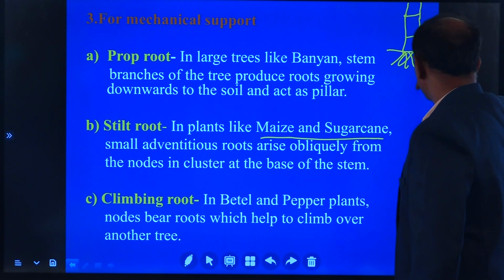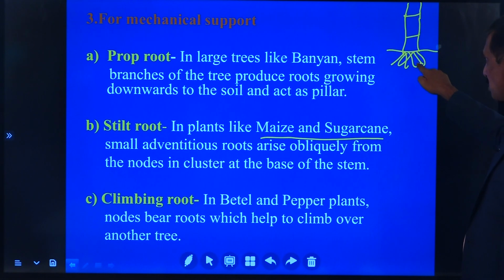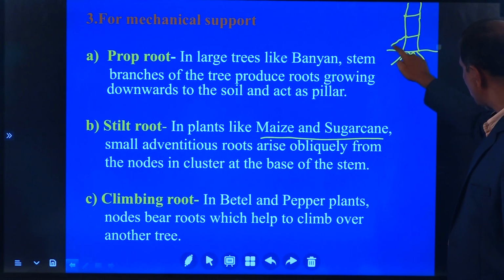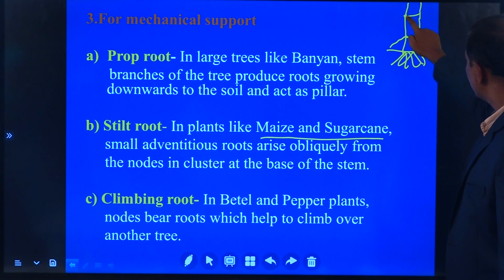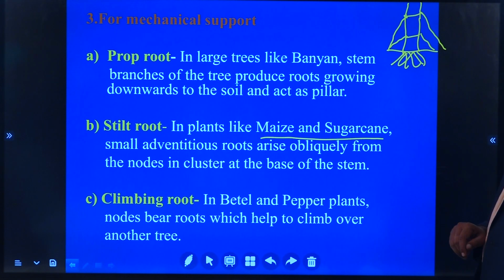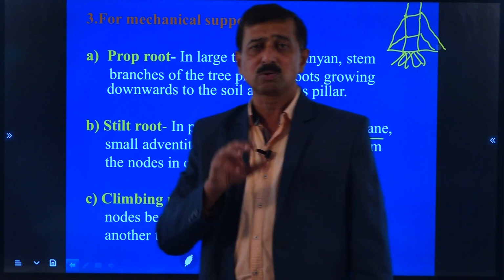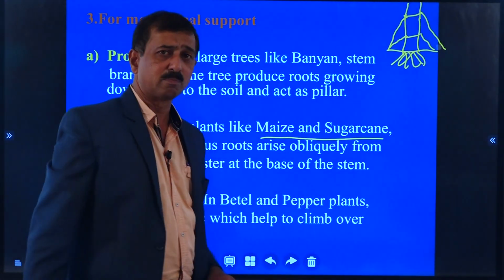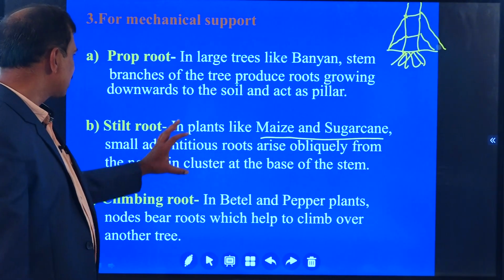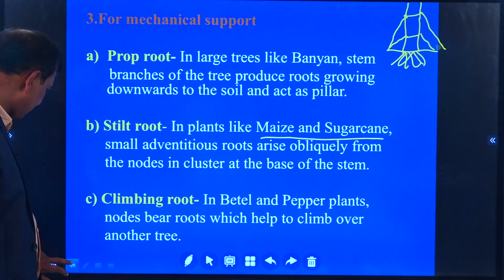If this is the stem, with a fibrous root system, these are the lower nodes. The lower nodes are going to produce roots here. On reaching the soil, these roots give strong support to the main plant body. Such roots are stilt roots.